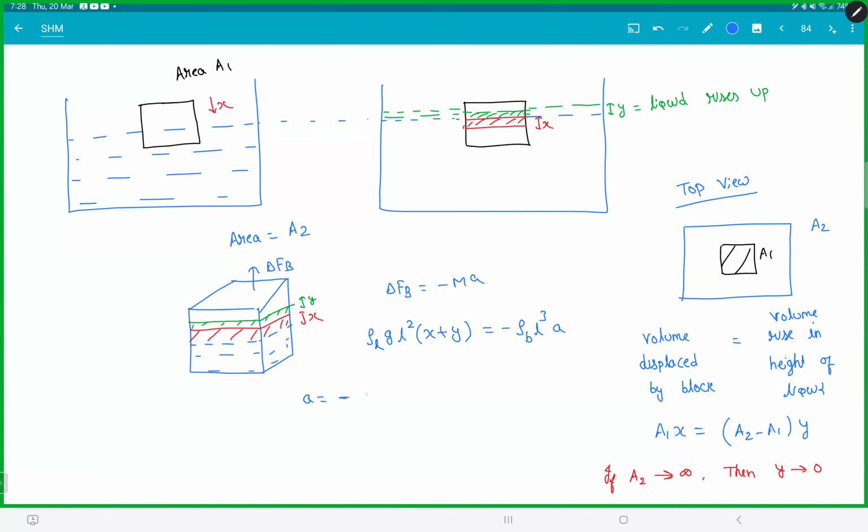So we get acceleration will be minus rho liquid G by rho body L, this guy will be 1 plus A1 by A2 minus A1, into X. That would be how much? A2 by A2 minus A1. And then, you know, our SHM will come and say this is omega square. Time period is 2 pi by omega. Is the thing clear, everyone?